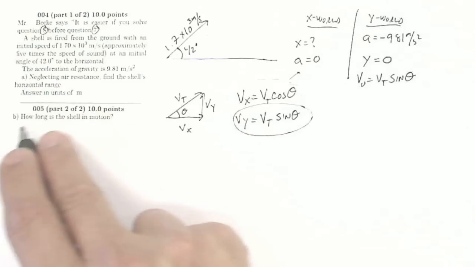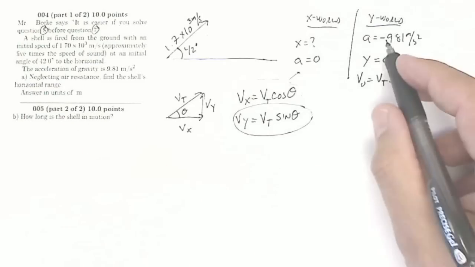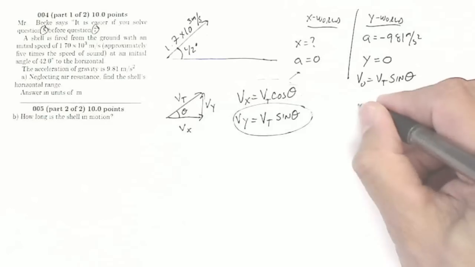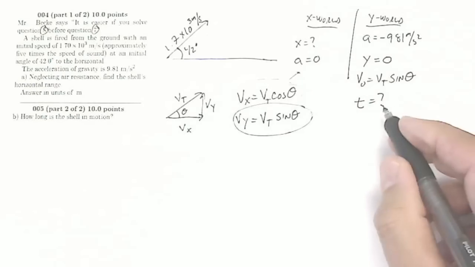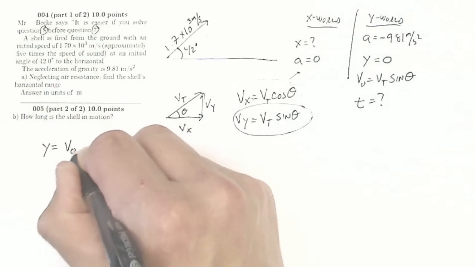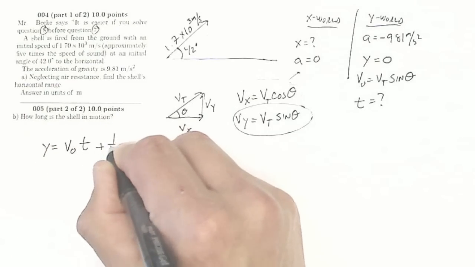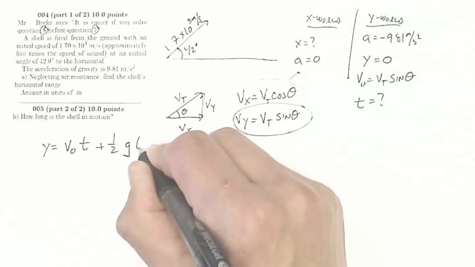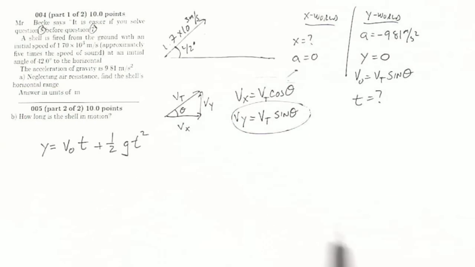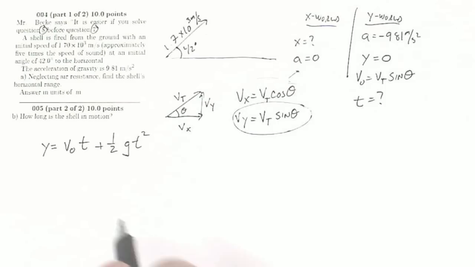So why don't I answer part B, how long is the shell in motion? Well, I've got a displacement, an acceleration, an initial velocity, and I'm looking for a time. I do have an equation that tells me that my displacement is my initial velocity times time plus 1/2 my acceleration times time squared. Now, you might say, wait, if you're going to solve for time in this, you are going to get a quadratic and it's going to be a mess.